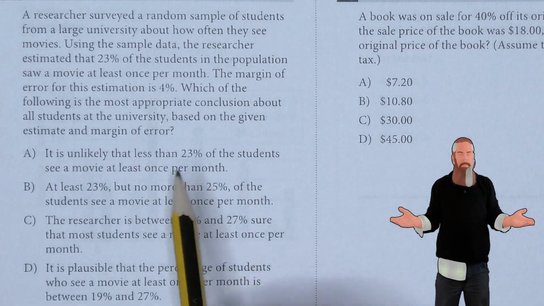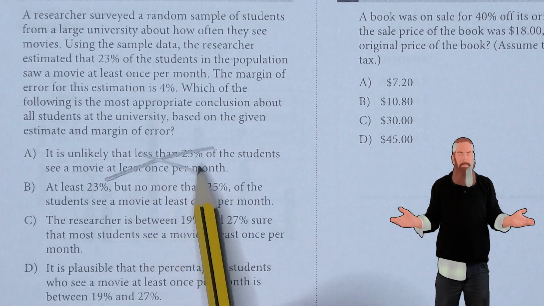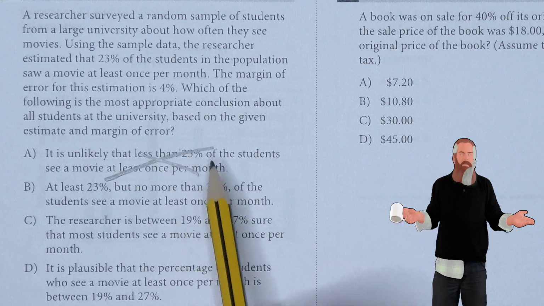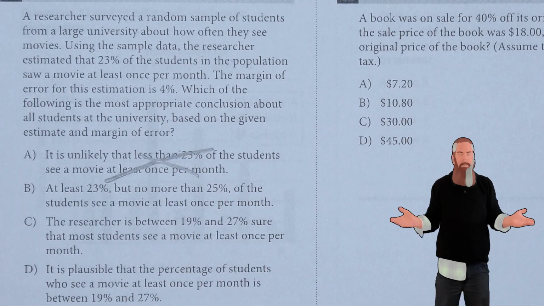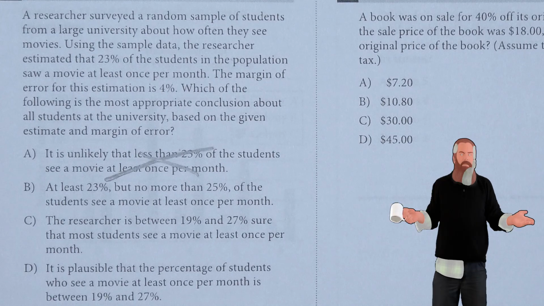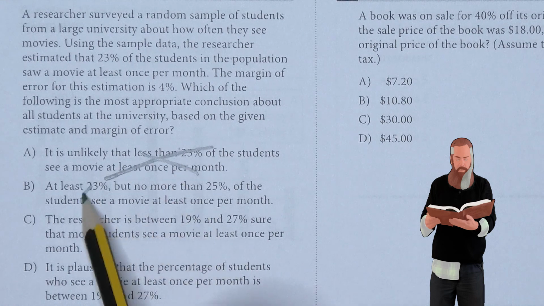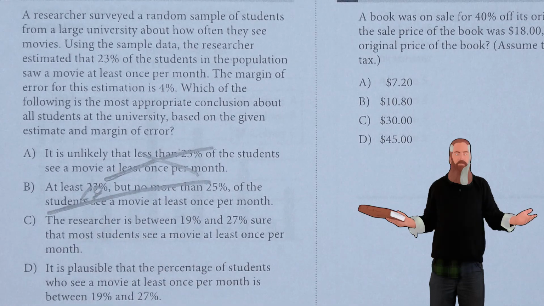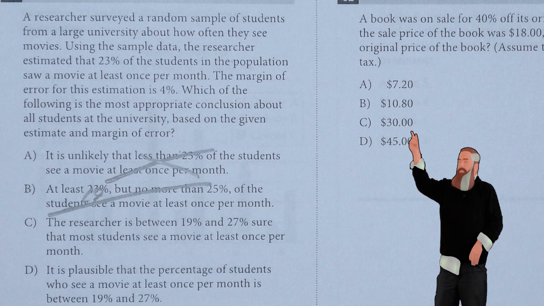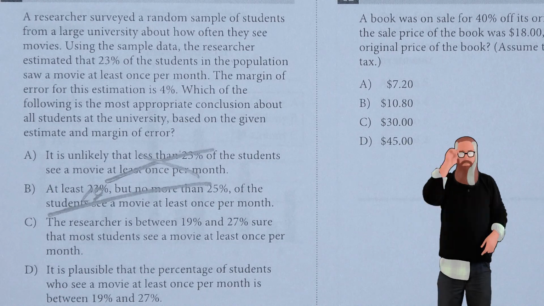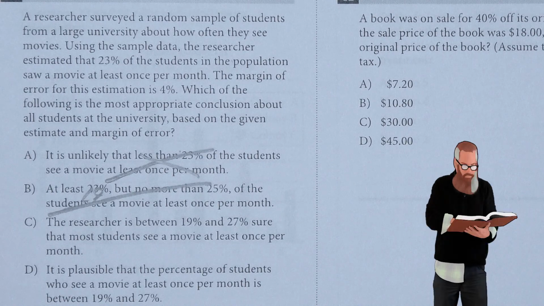month. Now, we already know that we have a margin of error of 4%, which means it can go all the way down to 19. At least 23, but no more than 25% of the students see a movie at least once a month. That's not true because 23 minus 4 would be 19, so that's gone. The researcher is between 19 and 27% sure that most students see a movie at least once per month.